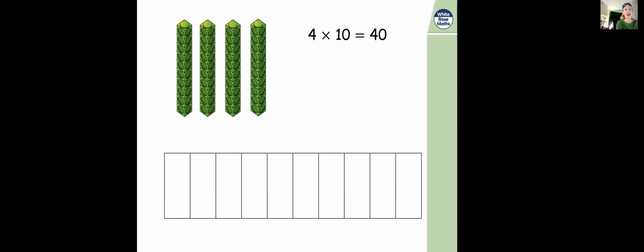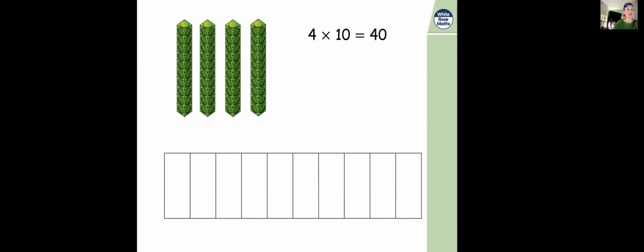Now we're going to share that 40 equally by 10. We're going to divide 40 by 10. Have any of you got any idea what the answer could be so far with 40 divided by 10? Have you spotted that pattern? Well done. Let's see if your predictions are right.